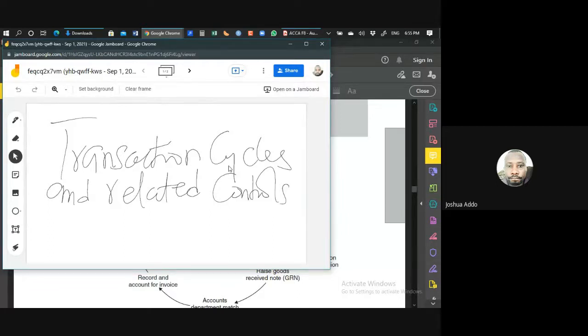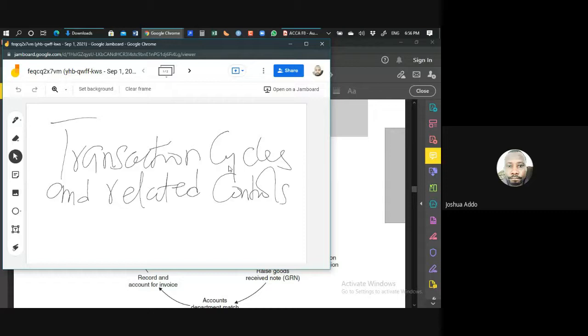And how do they do the request? Even though they could take a phone and call, in business, we communicate officially on paper. So they will raise a paper to communicate that they need something. And that paper they will raise for the communication purposes is what we call the requisition, the purchase requisition.